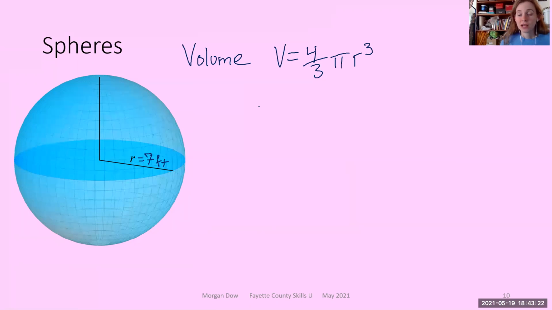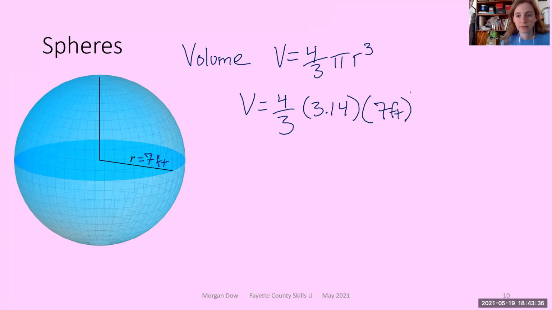Okay, so we know the radius of the sphere. We can go ahead and calculate the volume. And let's treat pi just right away as 3.14. Here, instead of 1/3, we have 4/3.